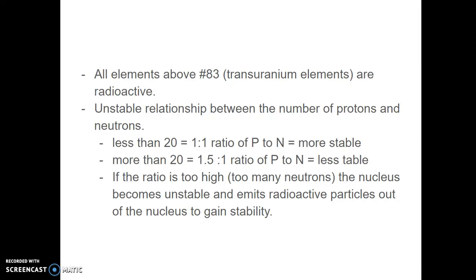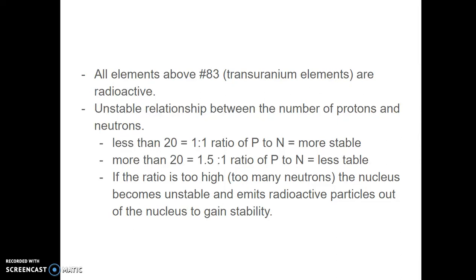If your element number is 20 or below, they tend to have a 1-to-1 ratio of protons to neutrons, and that makes them more stable. The closer your proton and neutron number is, the more stable that nucleus is.